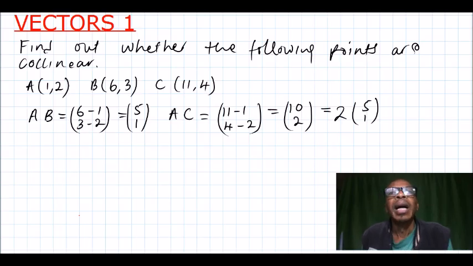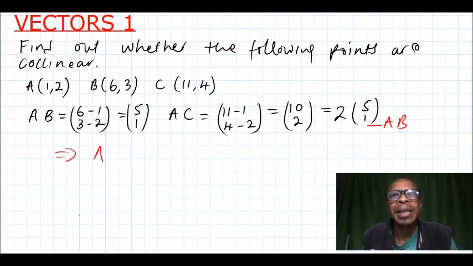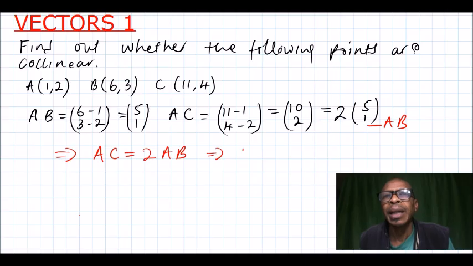Since this vector here is AB, then we conclude that we can write AC is equal to 2AB. So we conclude that the 3 points are collinear.